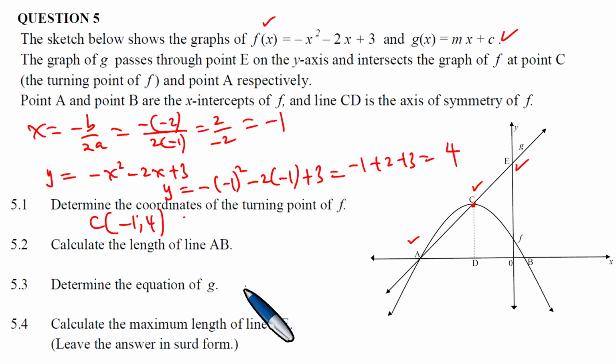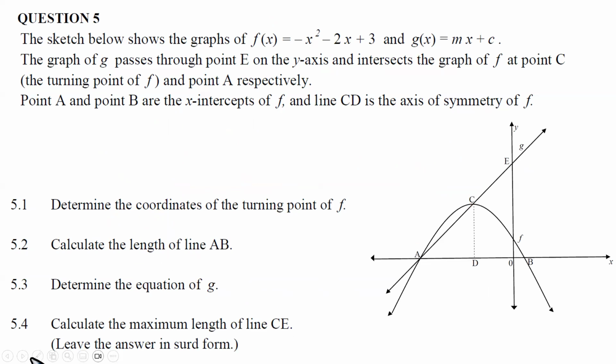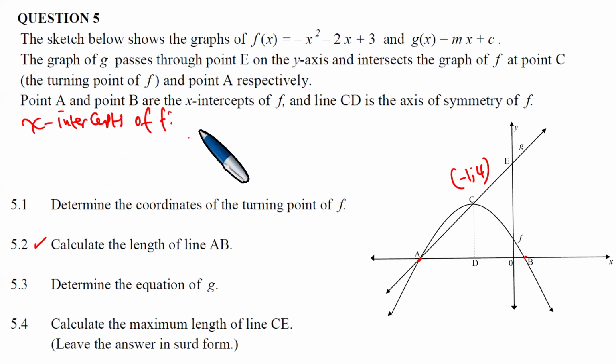Calculate the length of AB. We've already seen that the coordinates of C are minus 1 together with 4. We want to find the length of AB. To find it, we note that both A and B are the x-intercepts, so we first find the x-intercepts of the function f.